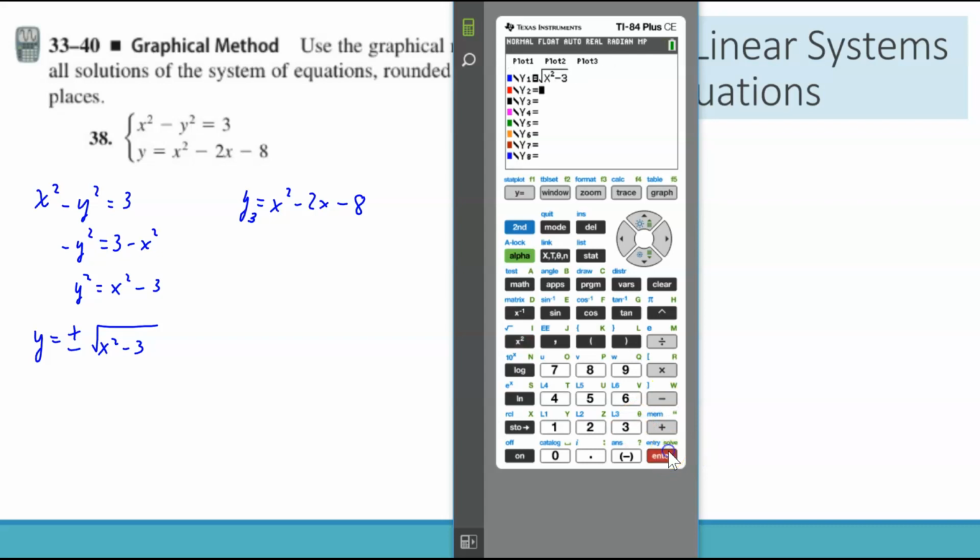Then we're going to need a negative square root of x squared minus 3. And then we're going to need x squared minus 2x minus 8. Okay, so we'll do Zoom Standard.